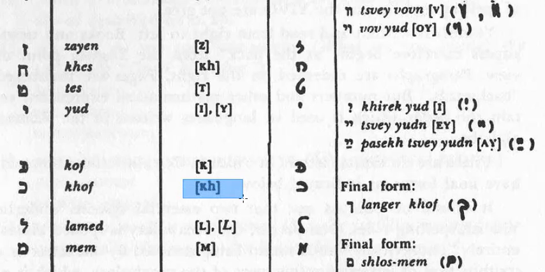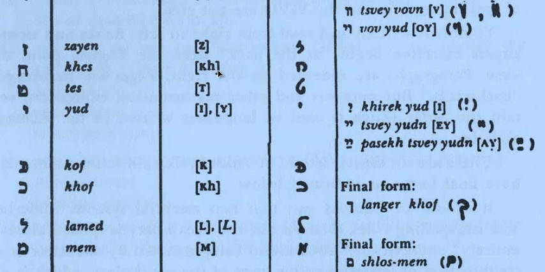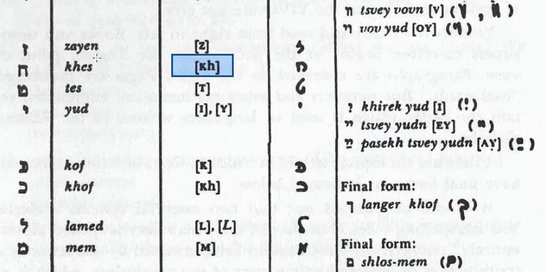Now we have a Ch sound for Chof and a Ch sound for Ches. We have two letters that make the same sound, Ches and Chof. There's a slight bit of difference in the sound. This one is more made with the back of your throat, like Ch, Ch.